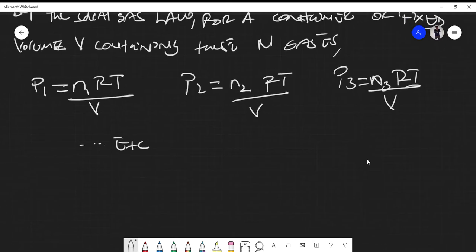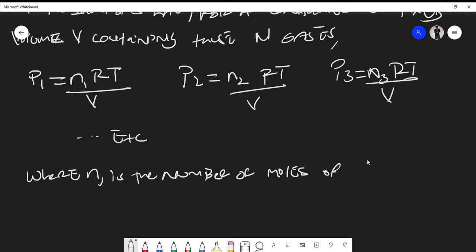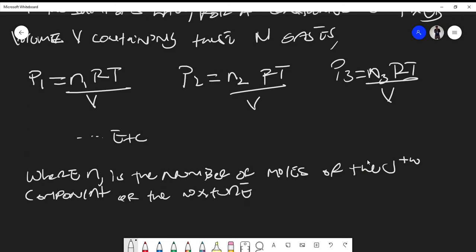Where Nj is the number of moles of the jth component of the mixture.